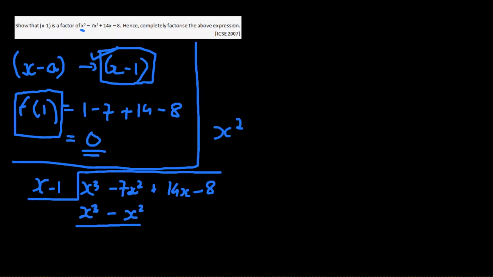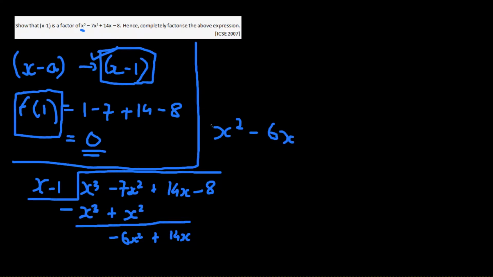So this becomes a plus here. So you get minus 6x squared. And you bring the third term down, so it's plus 14x. Same thing now. What do you need to multiply with x to get minus 6x squared? So it's minus 6x. And this is your quotient that is forming over here.